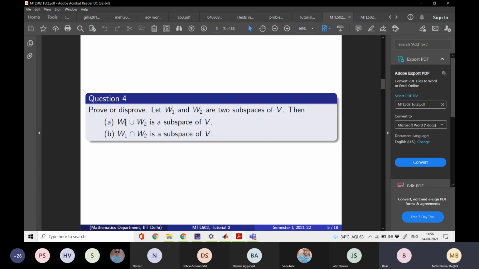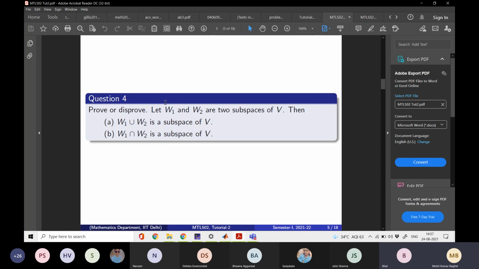Take the vector space R square over R. Then W1 is the set of elements of type (a, 0), where a belongs to R, and the elements of W2 are of type (0, b), where b belongs to R. So you are defining the vector space R square over R, and you are taking W1 as the x-axis and W2 as the y-axis.